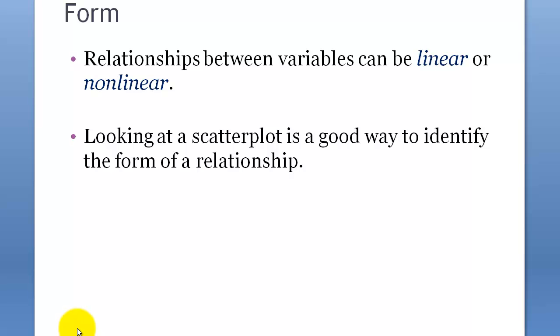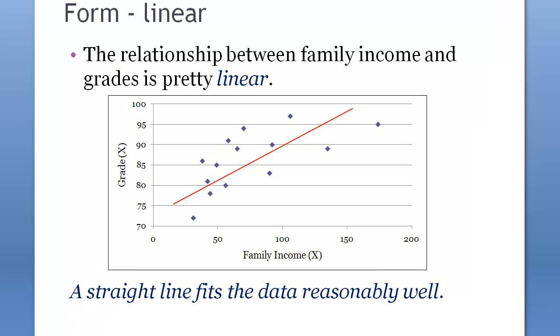In a form, as I said, linear and non-linear. The relationship between family income and grades is pretty much linear. If you strike through the line in the middle, the median points, then you can kind of draw a straight line.